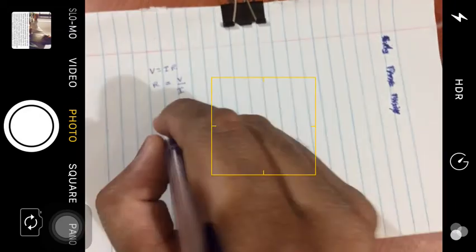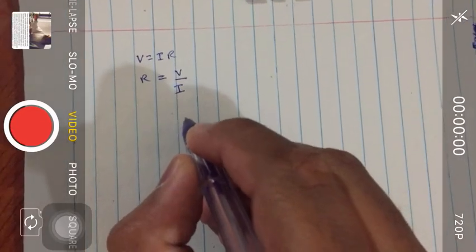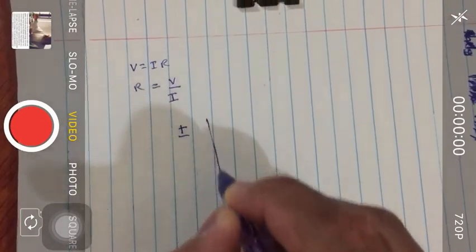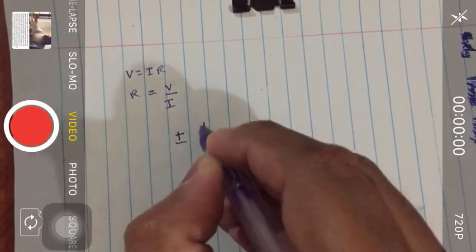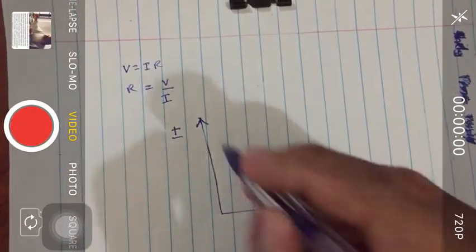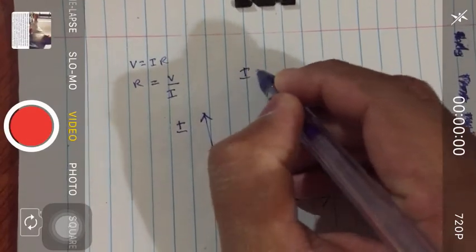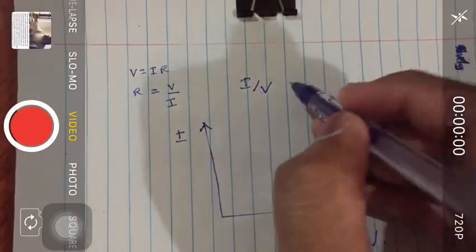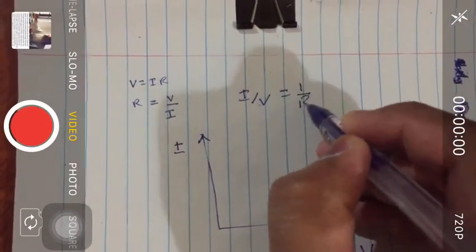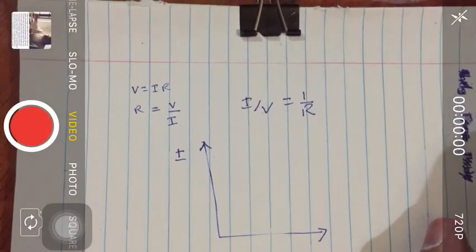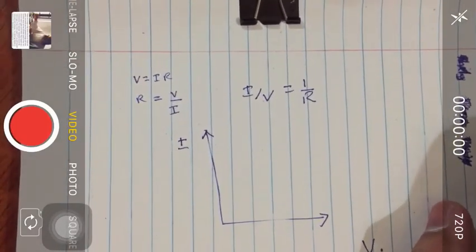Now if you have an IV graph, then the gradient would be y over x, that would be I over V. Now I over V would be 1 upon R. So the gradient denotes the inverse of the resistance.